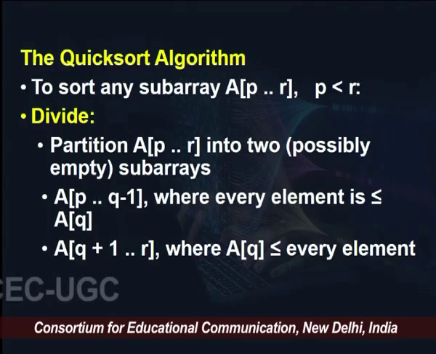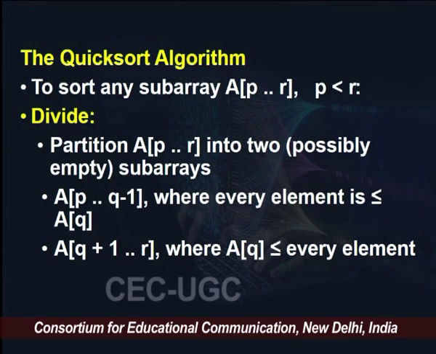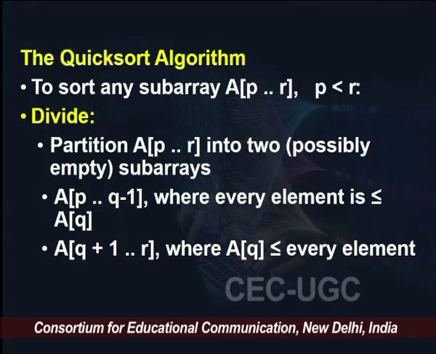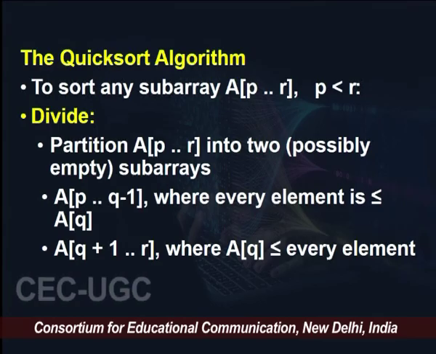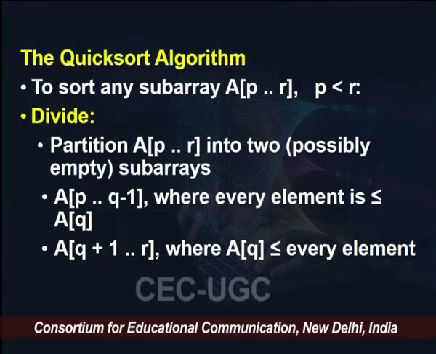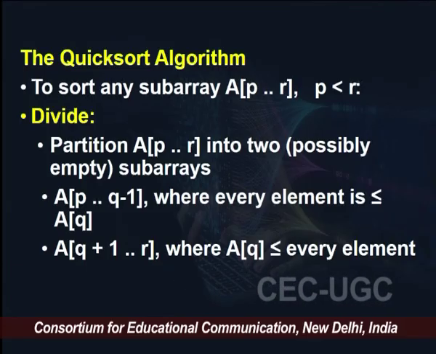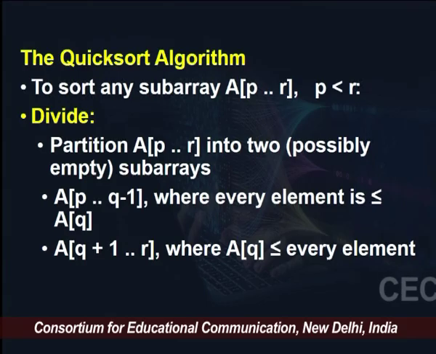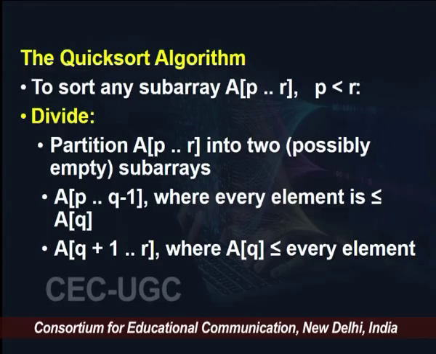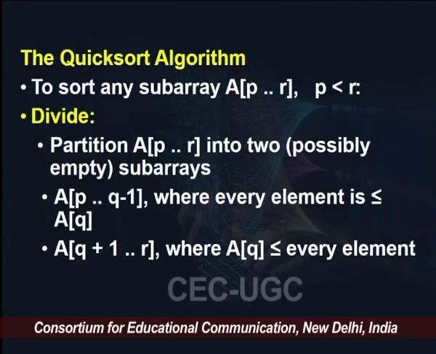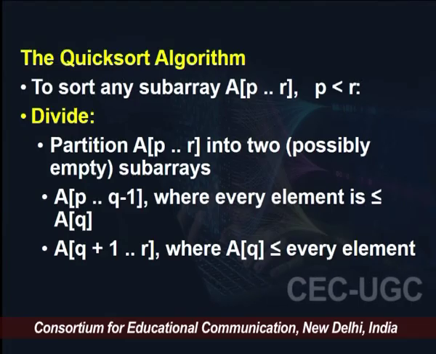So every element is less than one particular element, and that element is known as the pivot. In the other partition, the values are from q plus 1 to r, where A[q] is less than or equal to every element. So on the left side all the elements are less than A[q], which is nothing but the pivot, and on the right hand side all the elements are greater than that pivot.